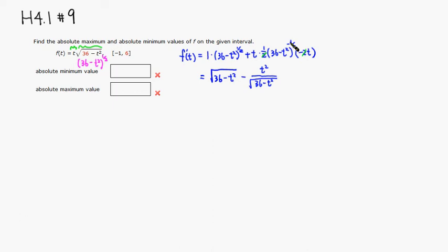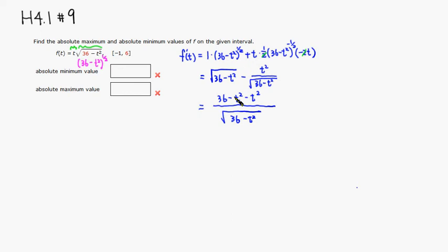Then we have to take the common denominator, so in this case the square root of 36 minus t squared. So the square root of 36 minus t squared times itself would be 36 minus t squared, and then you have a minus another t squared.